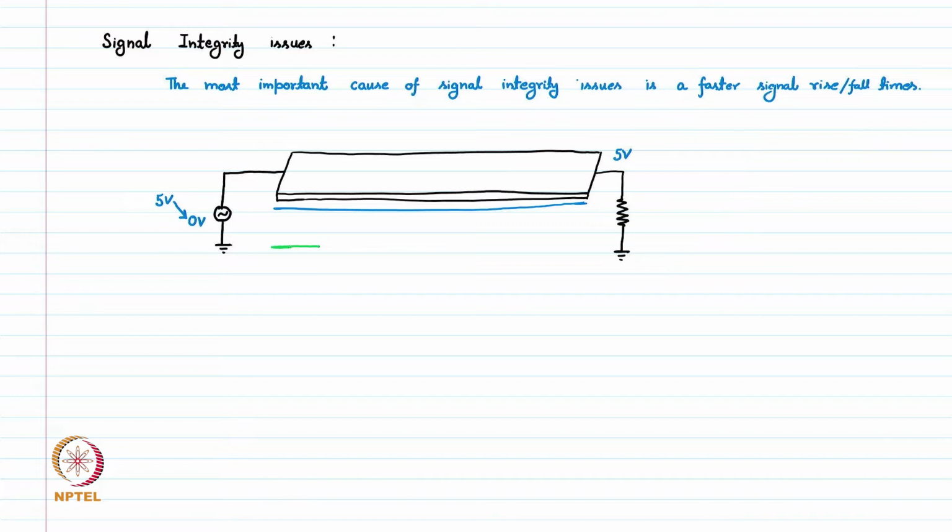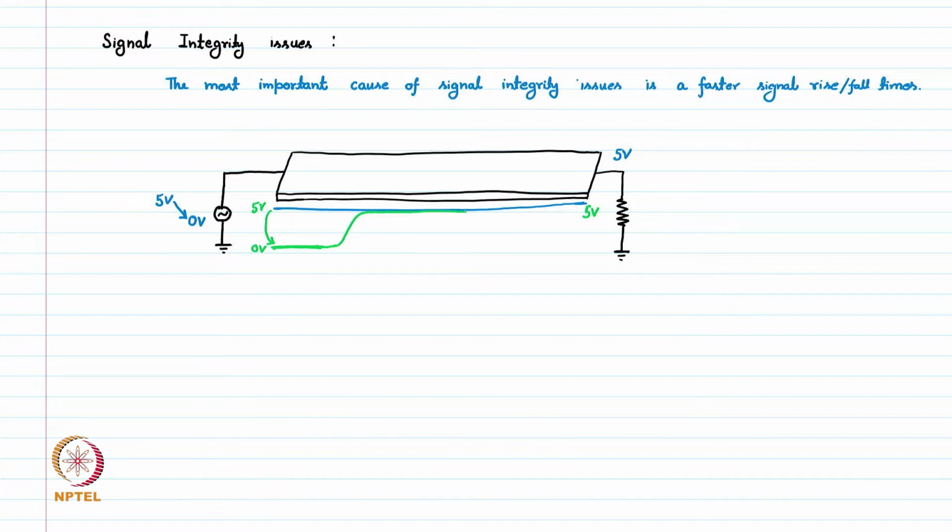So at the input we have pulled from 5 volt to 0 volt. However, at the far end this is still at 5 volt, and this 0 volt is being transmitted from input to the output in a certain amount of time.